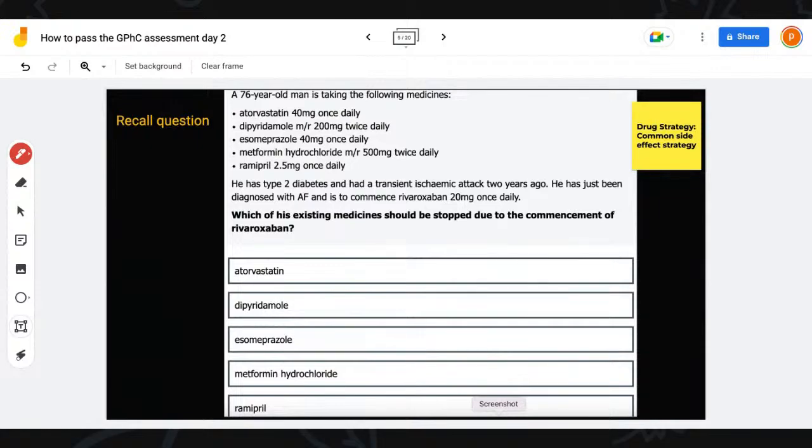This is when you have a number of drugs. This question could be in between a recall and analysis question, but it's more recall. Which of these should be stopped due to the commencement of rivaroxaban? All you're looking for is that rivaroxaban causes bleeding, so you're looking for another drug that causes bleeding.